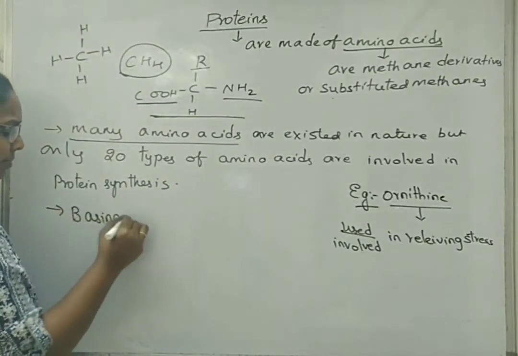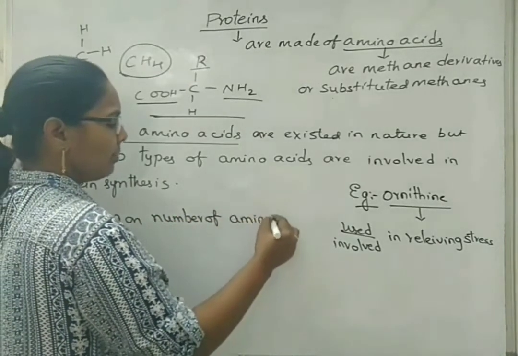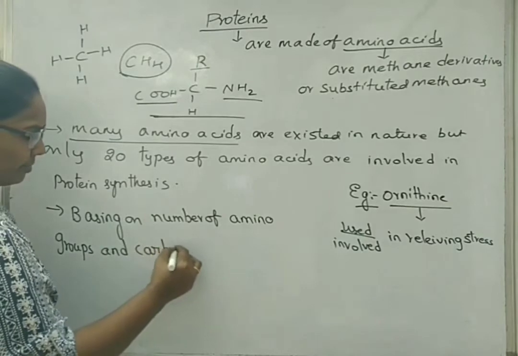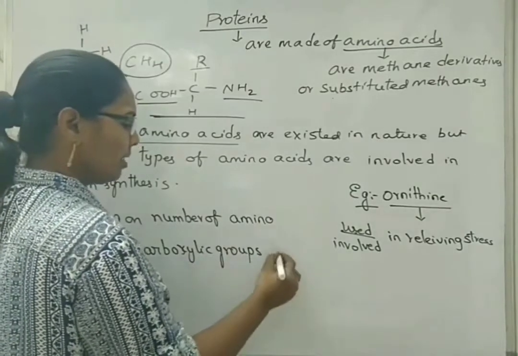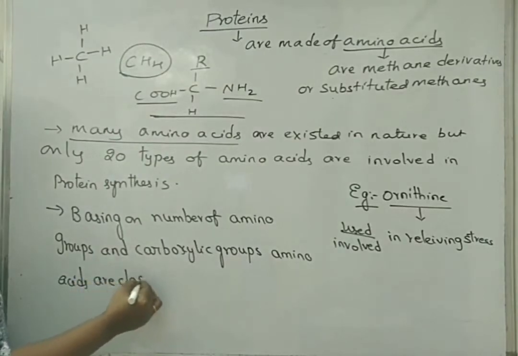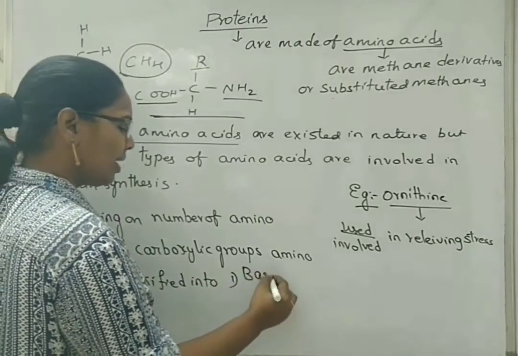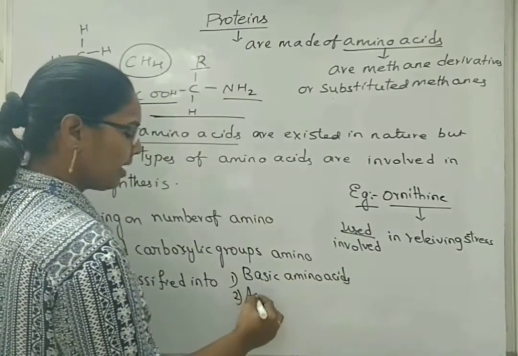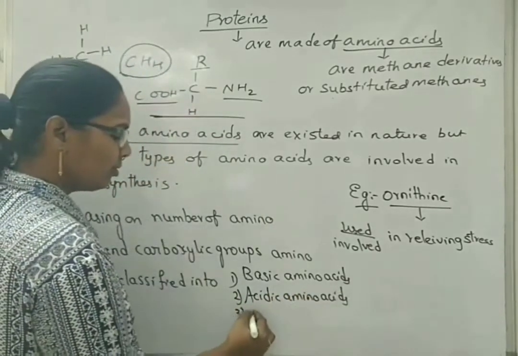Based on the number of amino groups and carboxylic groups, amino acids are classified into one, basic amino acids, second, acidic amino acids, third, neutral amino acids.